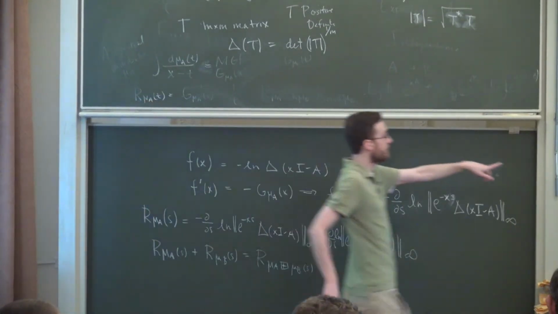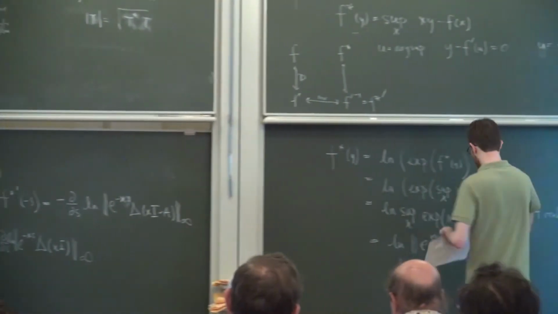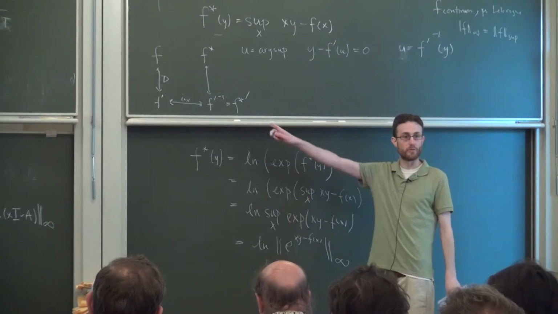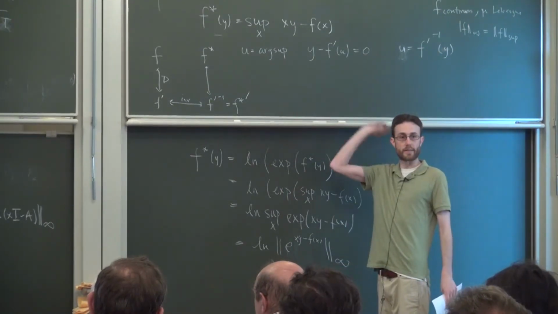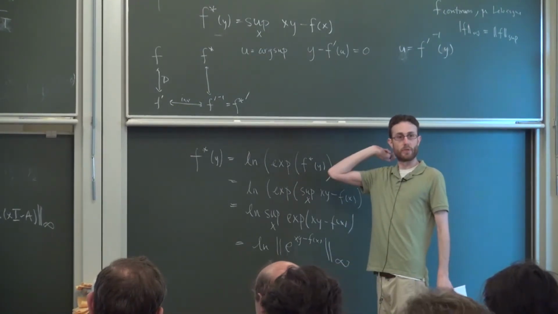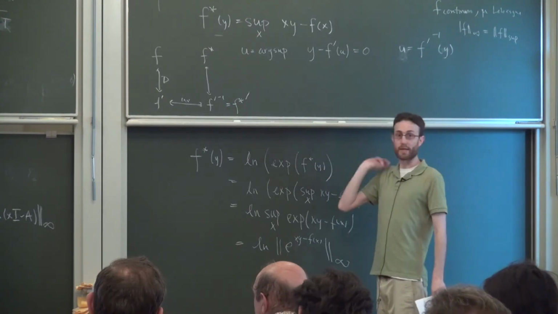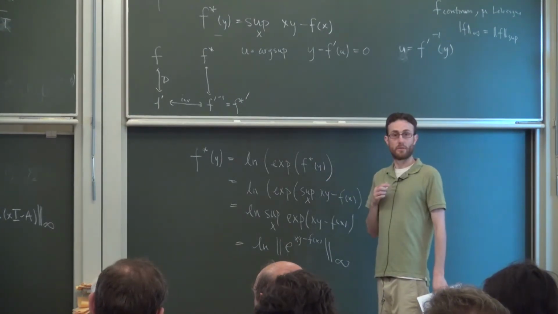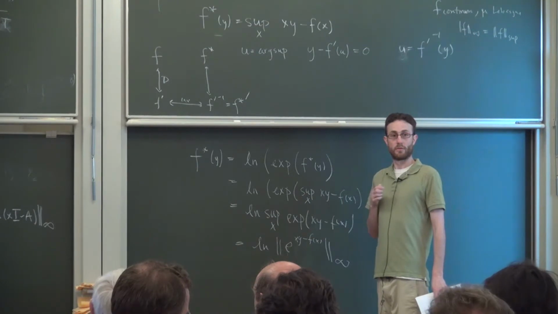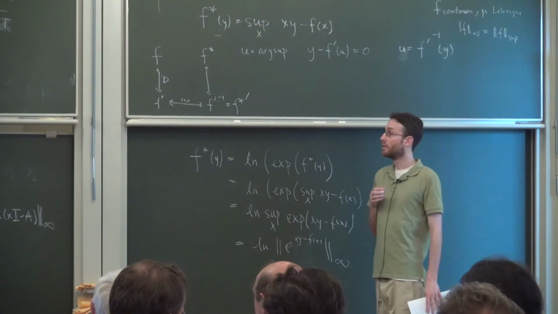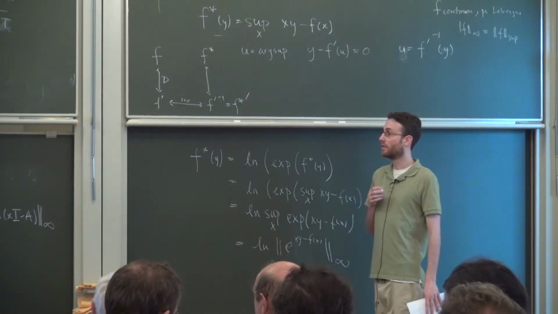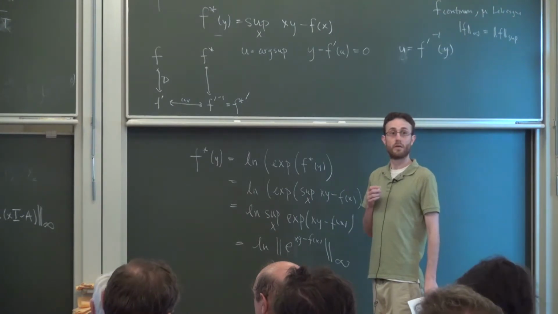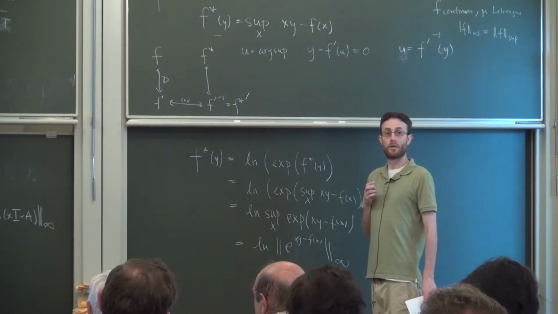Right here, f of x is the natural log of the Fuglede-Kadison determinant of delta of xI minus A. In this formula there is only one term which depends on x.